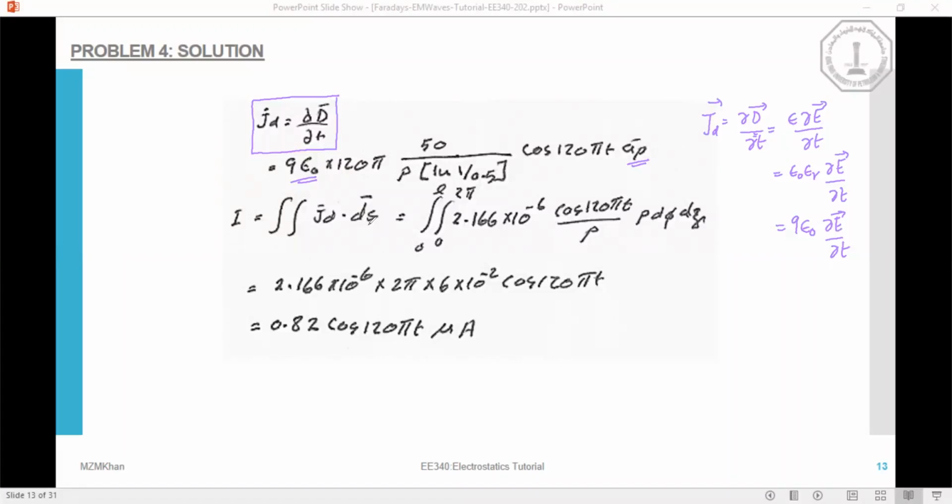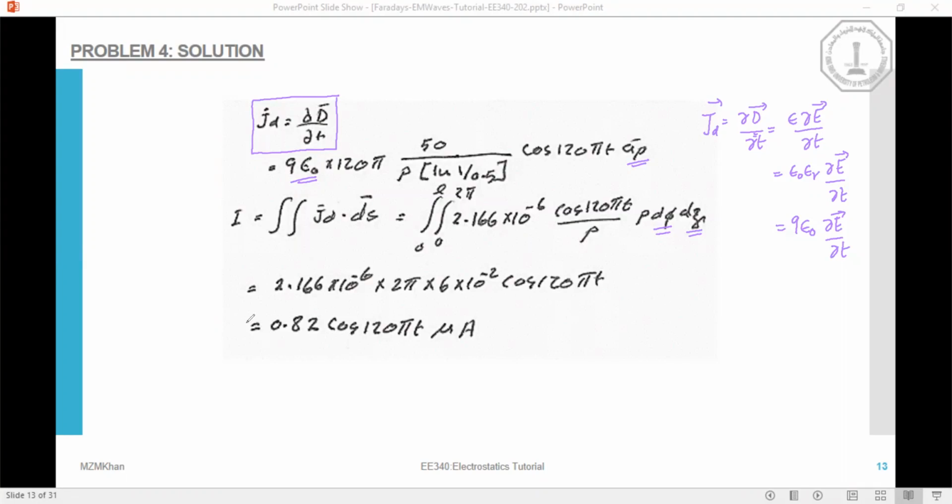The length is 0 to L, the length of the capacitor, and the dielectric material is circular, so you have phi and Z. Z is the length of your capacitor, that's why it is 0 to L, and phi is the complete 360 degrees to cover the circular part, that's why it is 0 to 2 pi.